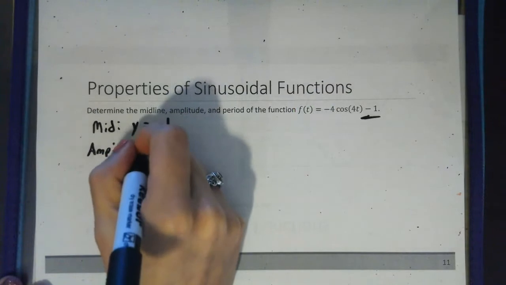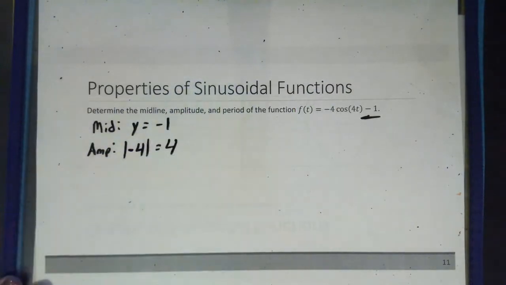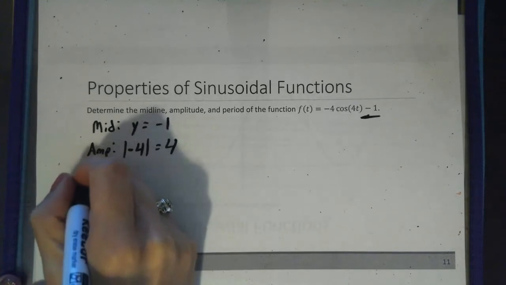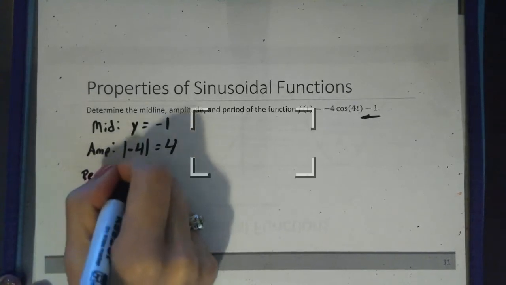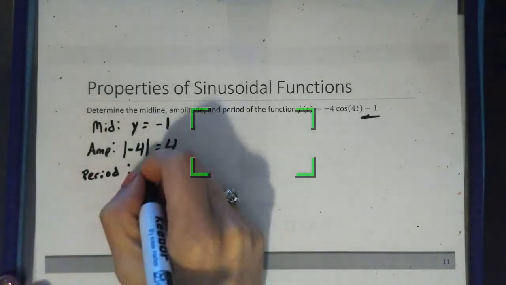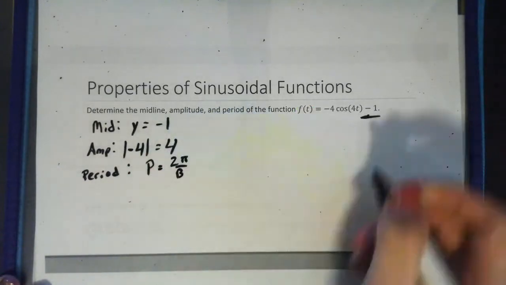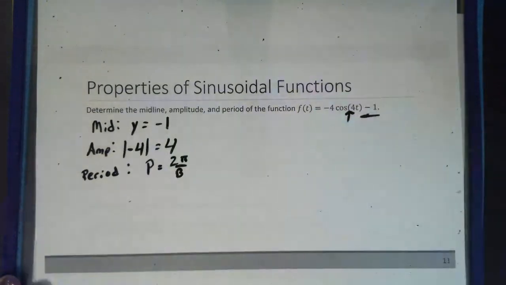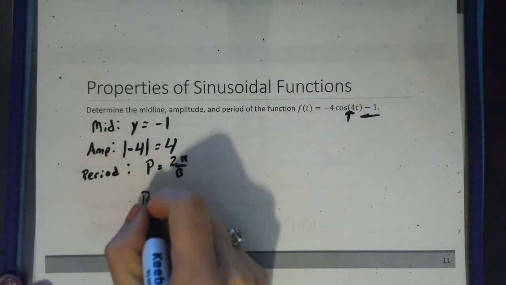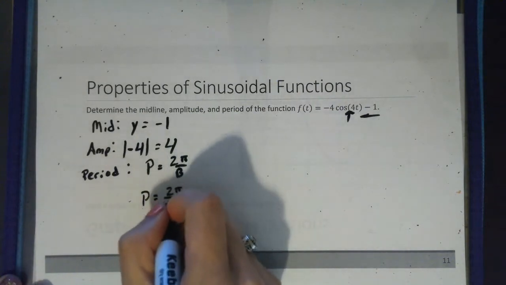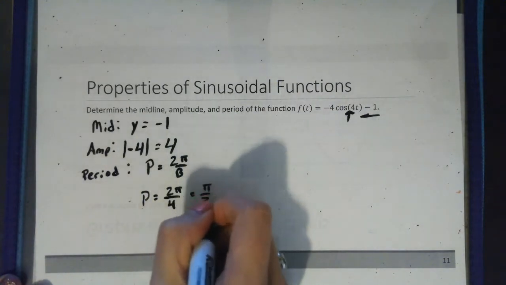So the absolute value of negative 4 is equal to positive 4. So the distance from the midline to the highest point is 4. Finally, we need our period, and our period is given by p equals 2 pi over b. And b is the coefficient in the parentheses. So our period p is going to be 2 pi over 4, and that reduces to pi over 2.